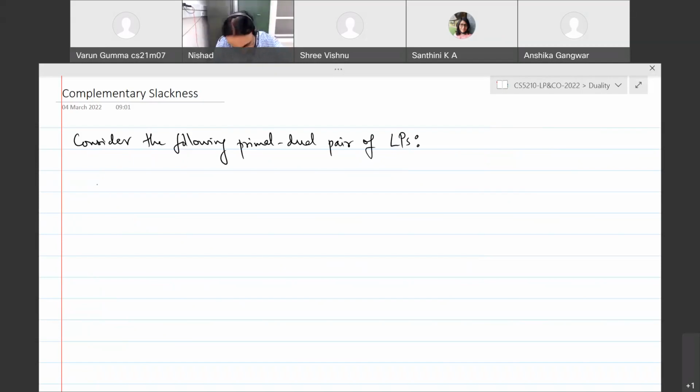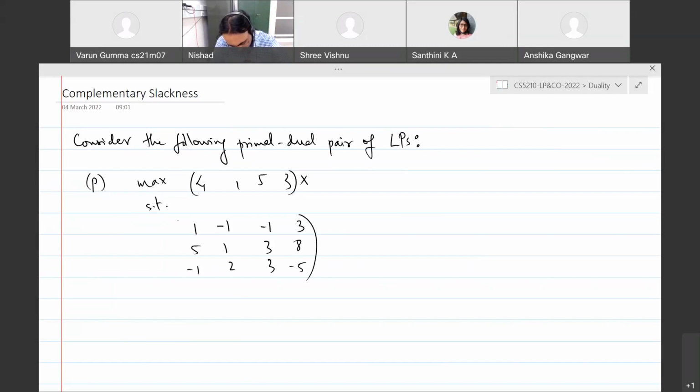So the primal is maximize 4, 1, 5, 3 x subject to the matrix with rows 1, minus 1, minus 1, 3; 5, 1, 3, 8; minus 1, 2, 3, minus 5, times x, and I'm going to use a different form. This is not standard equality form. Right, so we have the form Ax less than or equal to b and x is non-negative.